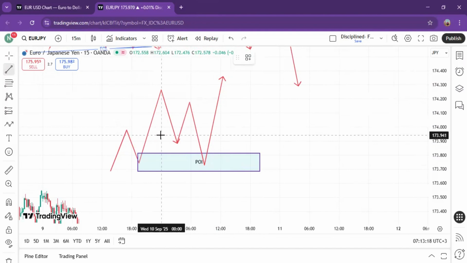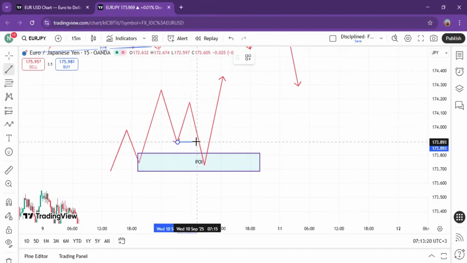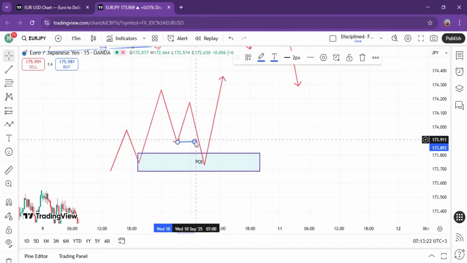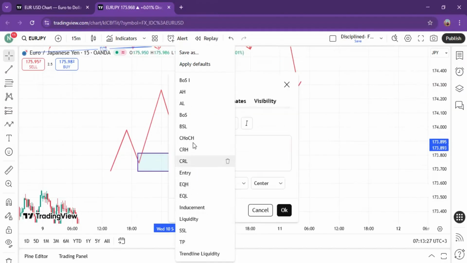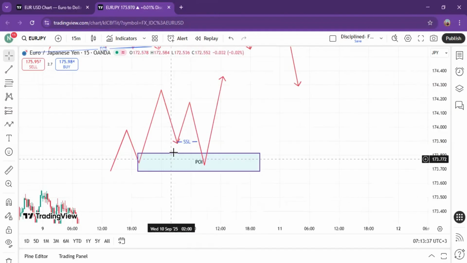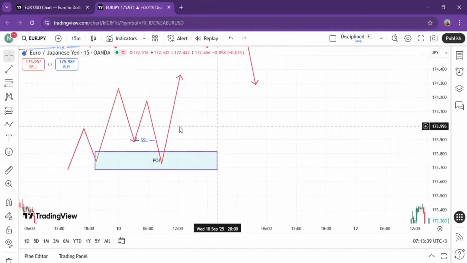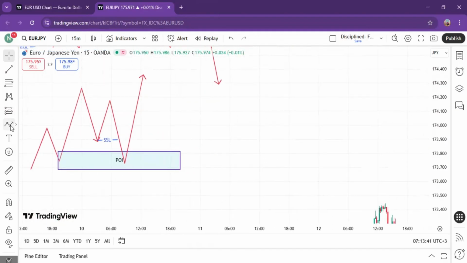So we usually have sell side liquidity below a point of interest, may it be a demand zone, a fair value gap, an order block, and all that. So you have your orders at this point, and this becomes our sell side liquidity at that point. Then we have the buy side liquidity.